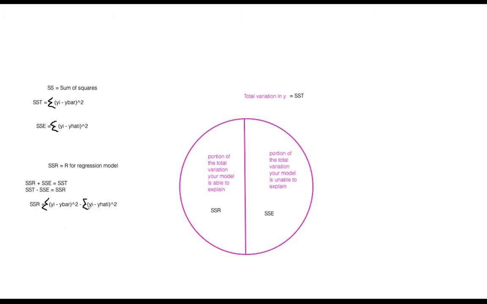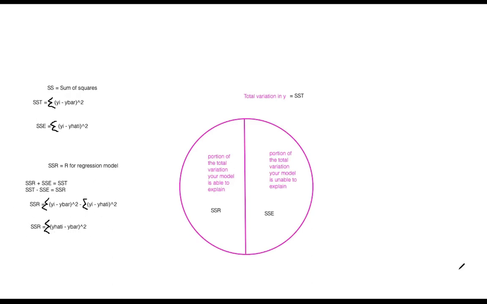SSR is simply SST minus SSE. And again, don't worry about it, but if you do the proof, you end up with the following formula for SSR: y hat i minus y bar, squared, and then you add it all together. So this is the formula for SSR.